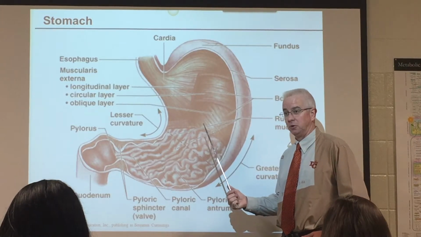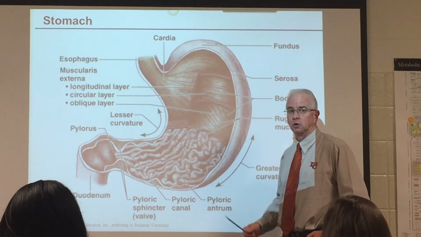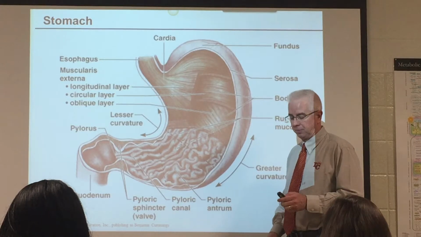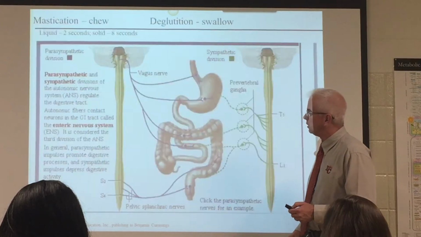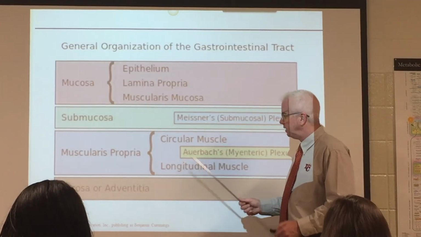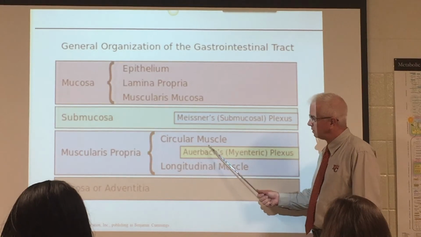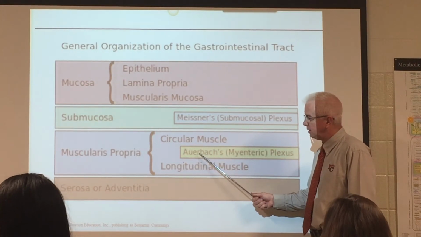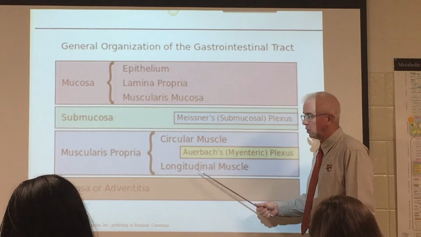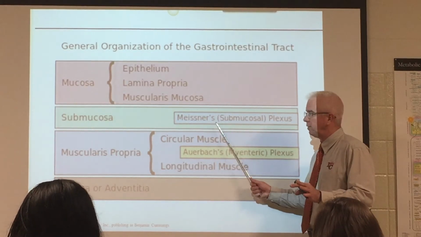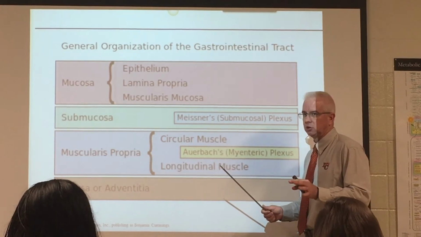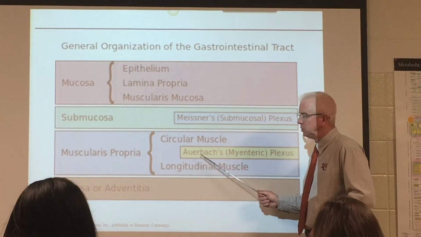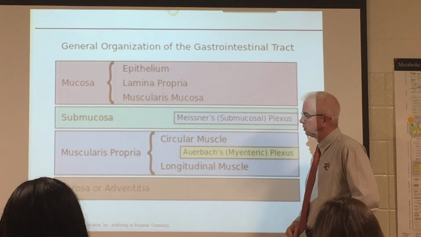It's not pictured for you here, but it's between the circular and longitudinal layers. So I think most physiologists would say that this one, the plexus, that the nerve net that is laid out between the circular and longitudinal muscle, is more important than this one in the muscle contraction. And you can see why. It's between the two muscle layers, between circular and longitudinal.